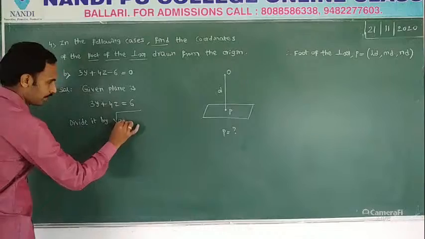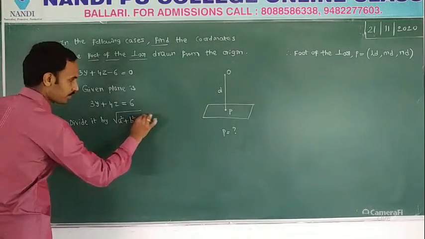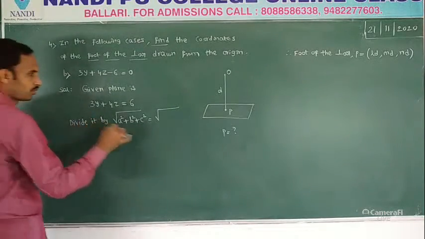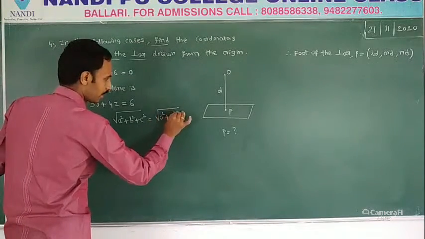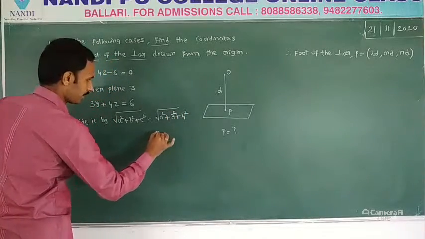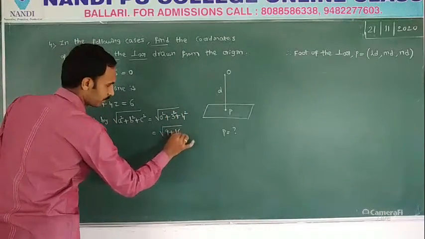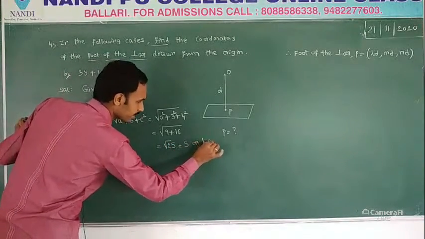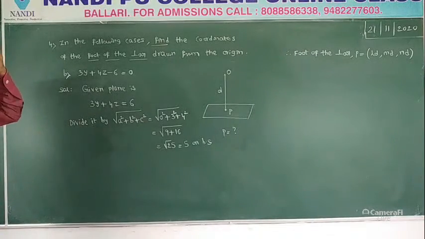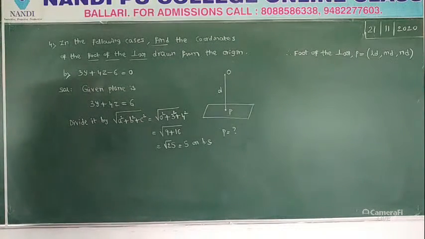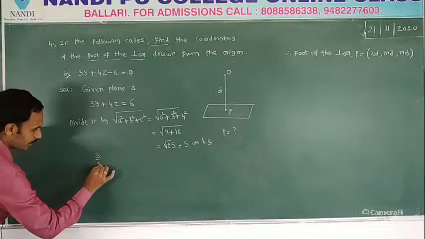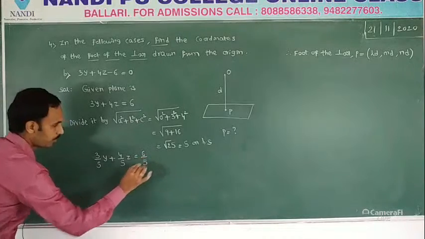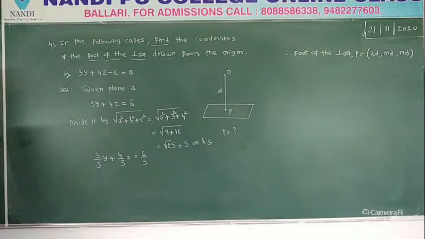Root of a square plus b square plus c square is equal to root of, here x not there, so 0 square plus 3 square plus 4 square, is equal to root of 9 plus 16 is equal to root 25 is equal to 5. So divide each term by 5 on both sides. So 3 by 5 into y plus 4 by 5 into z is equal to 6 by 5.